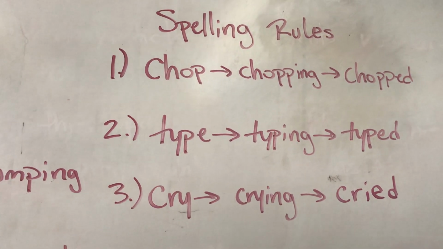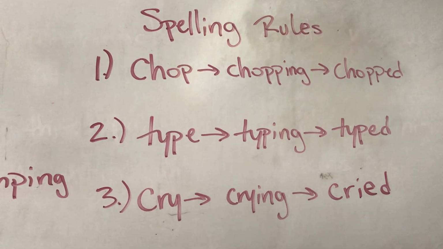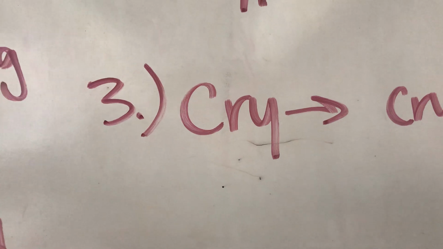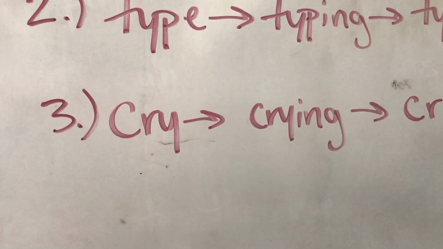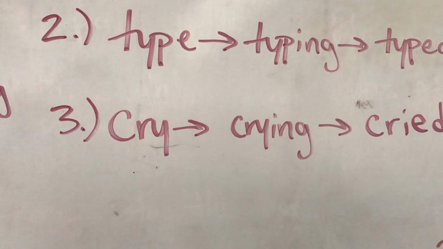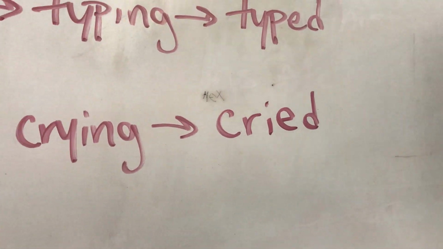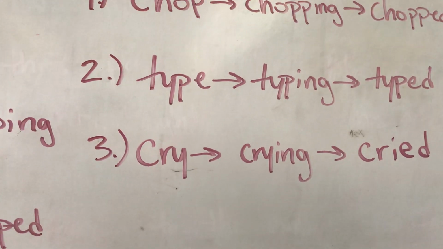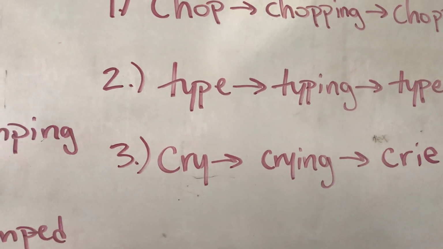And then for number 3, that spelling rule refers to verbs ending with a consonant and a Y. So because R is a consonant and then we have a Y that is following, we would change the Y to I before adding ed. So that's for cried. But you just add ing at the end when a Y follows a consonant.